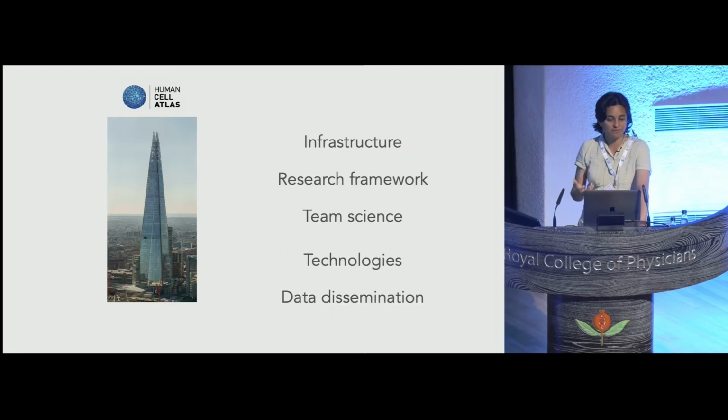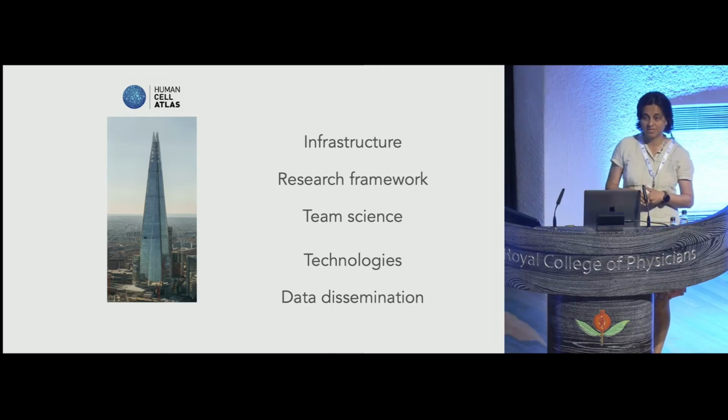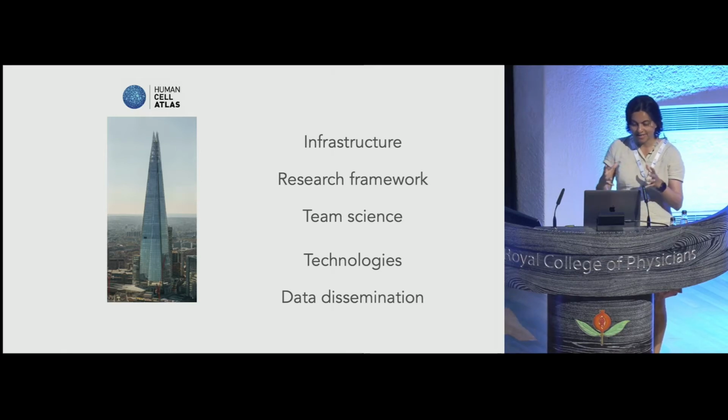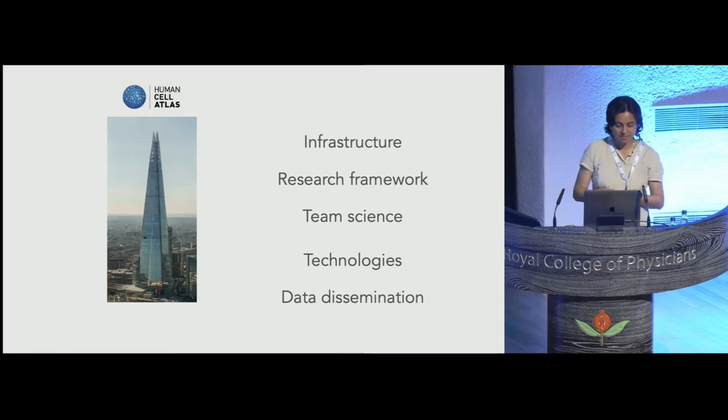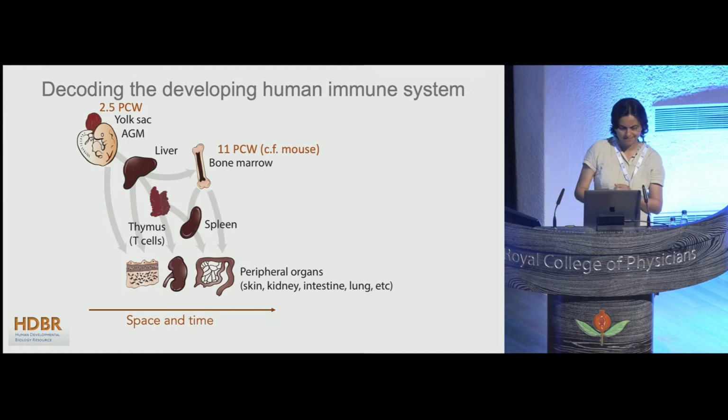You need to have the infrastructure to be able to do this, the research framework to work collaboratively in team science fashion, using the most cutting edge technologies, and to make the best use of the data and also disseminate the data. And that's something that has been made possible by having this global initiative within the Human Cell Atlas.